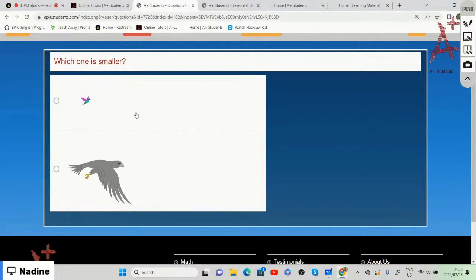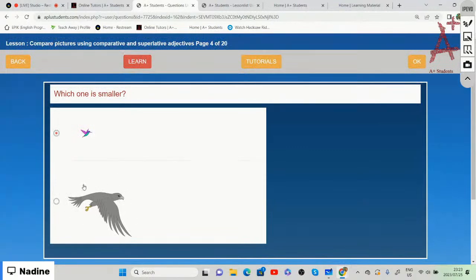We can literally see it: the cute little purple bird with its beautiful purple and blue colors, compared to the big gray bird. So we're going to choose the small purple bird. He is smaller than the big gray bird, which means that the gray bird is bigger than the other bird.